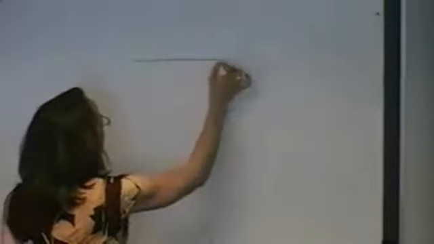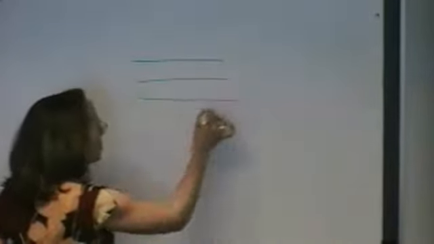What happens with gastrulation, I'm hoping you remember this because I try to emphasize this, is it turns into 3 layers of cells. There's the endoderm, the mesoderm, and the ectoderm.